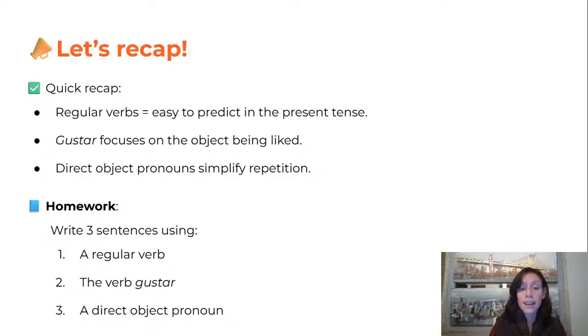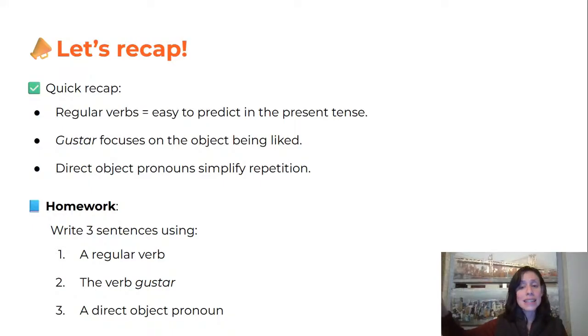Number 3, a direct object pronoun. You can repeat the second sentence and link it with a direct object pronoun. Example. Me gusta la pizza. Period. La como los fines de semana.